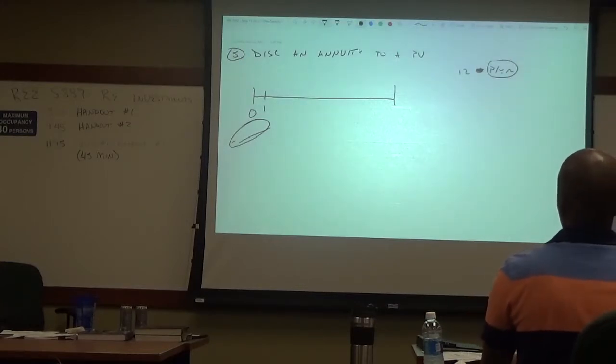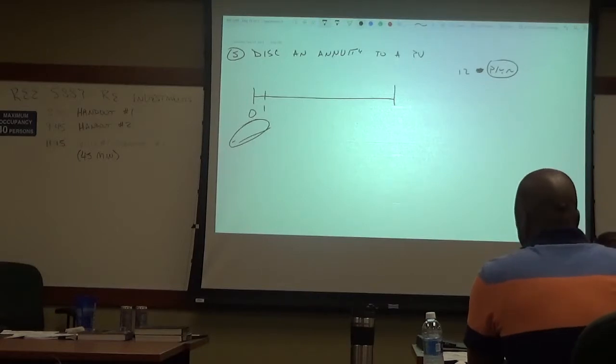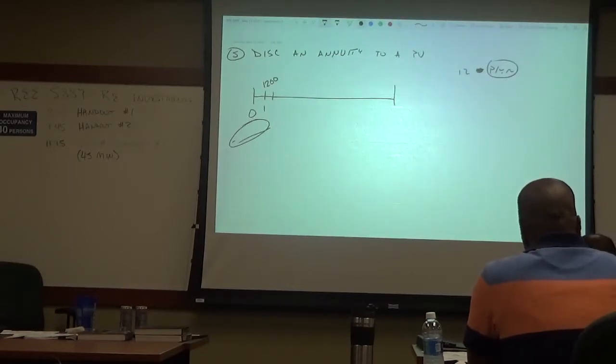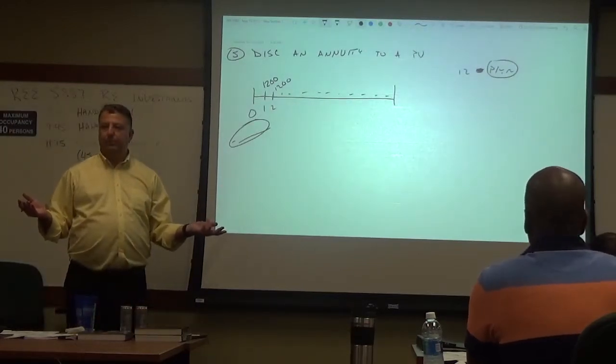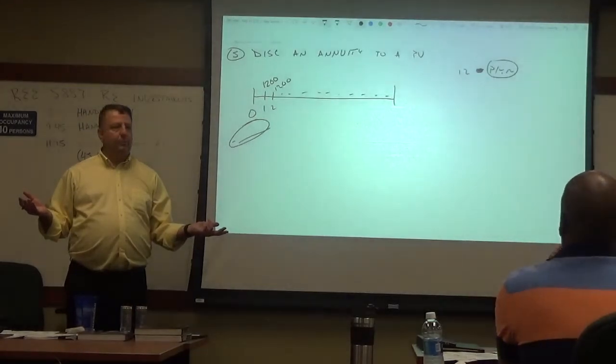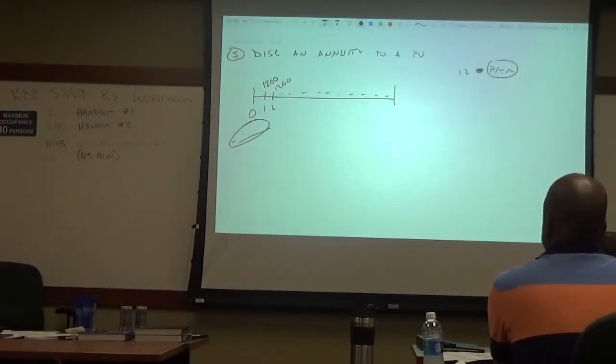The monthly annuity. $1,200? Okay. So each month we're going to be receiving $1,200 a month. How long are we going to receive this in months? 3 years. Okay, 3 years, so 36 months.